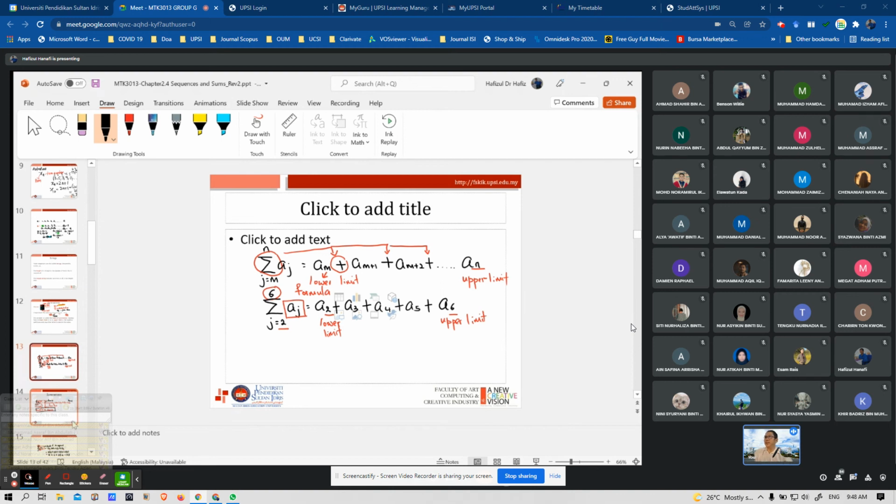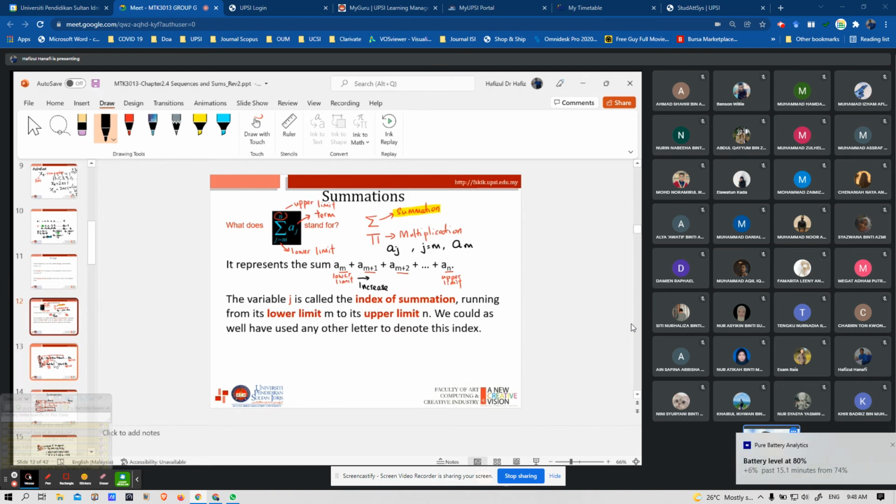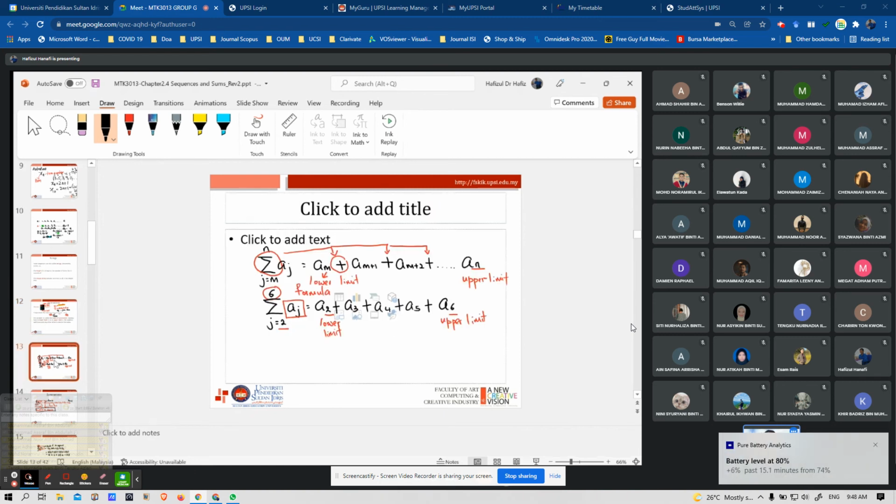For example, the upper limit is 6 and j equal to 2 is the lower limit, so we sum a_2, a_3, a_4, a_5, a_6. This one is summation.